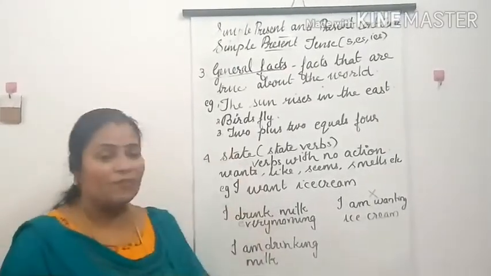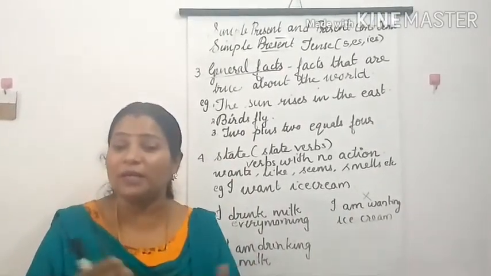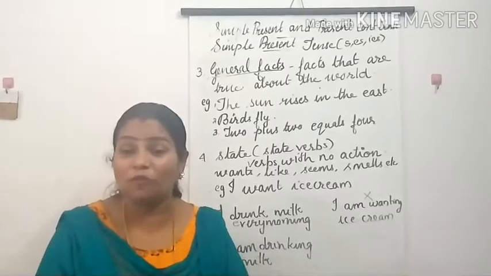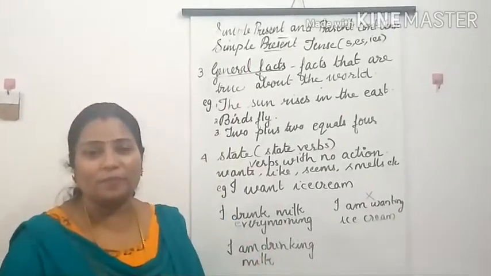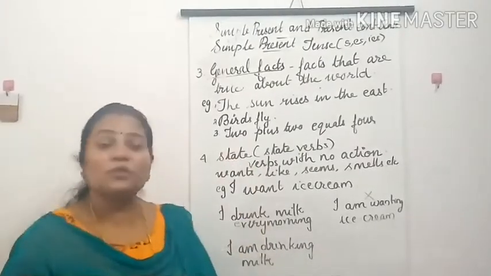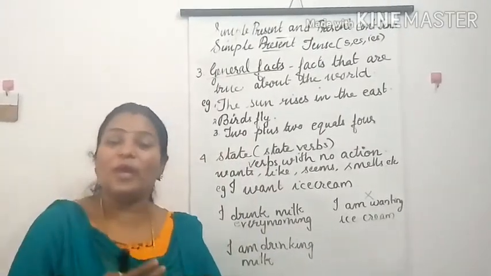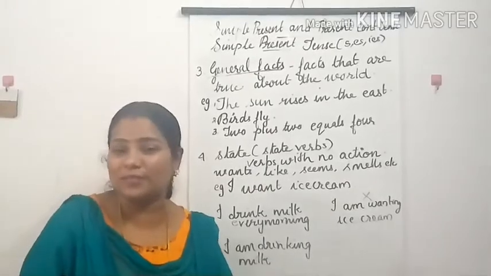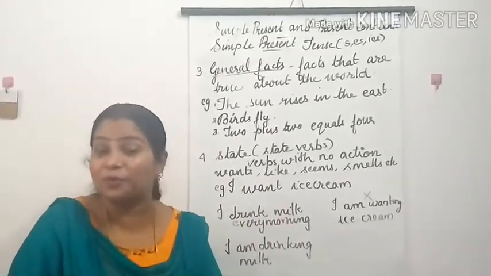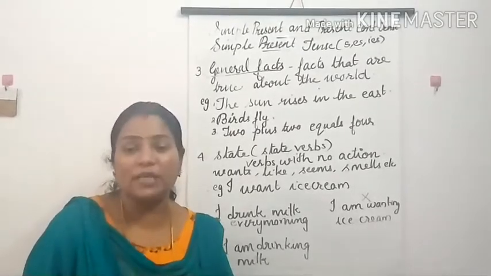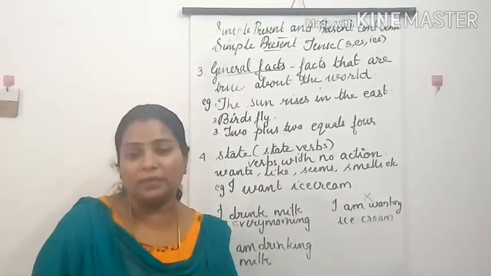Similarly, birds fly. It's a fact about birds. Birds fly. So it is a proven fact. Then 2 plus 2 equals 4. When we add 2 and 2, what does it come to? Equals 4. So all these are general facts which are proven about the world. And they do not change. They remain permanent.